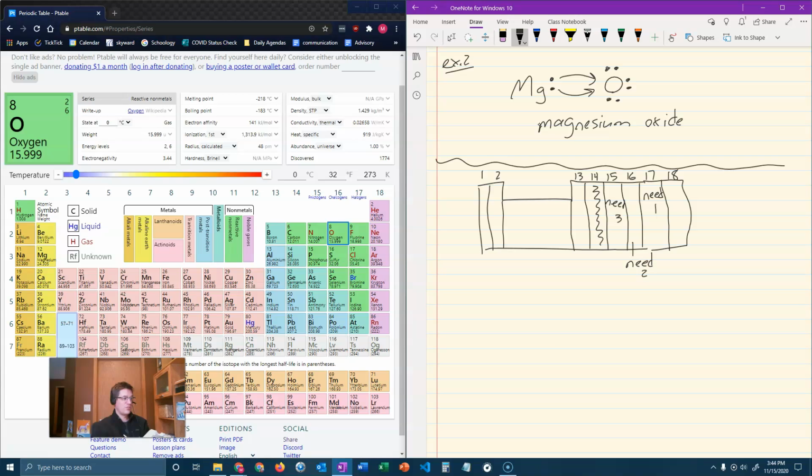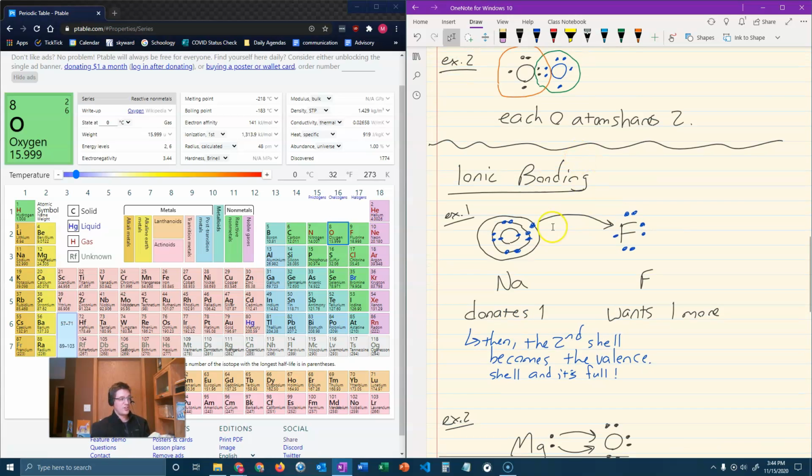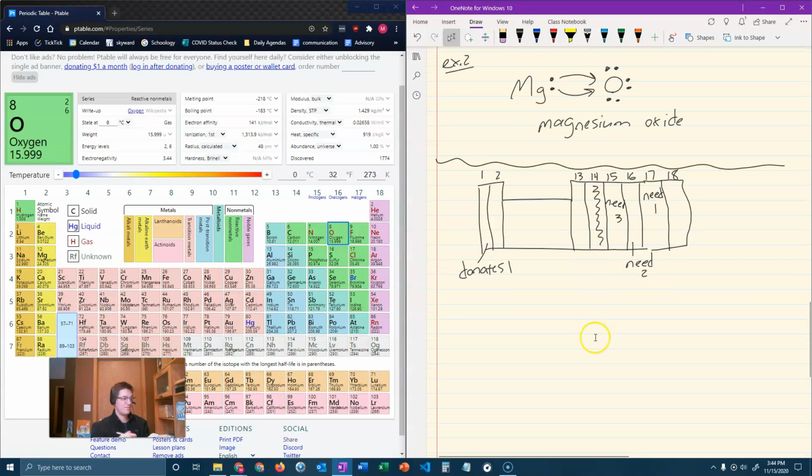We did sodium was in group 1. Okay. Anything in group 1 is going to donate 1 electron. They all have 1 valence electron, so they're all going to do the same thing that sodium did with its 1 valence electron. Okay. Group 2 donates 2. That's magnesium. And finally, group 13 has 3 valence. They're going to donate 3.